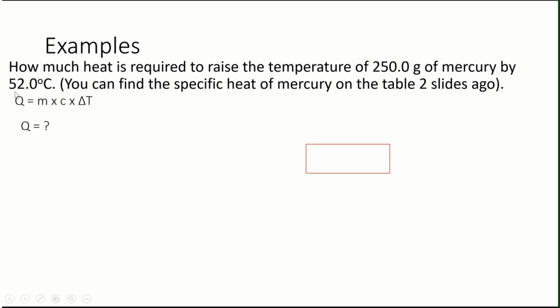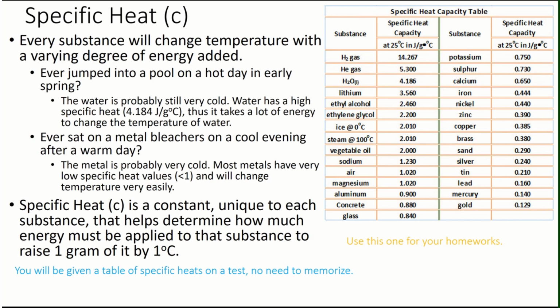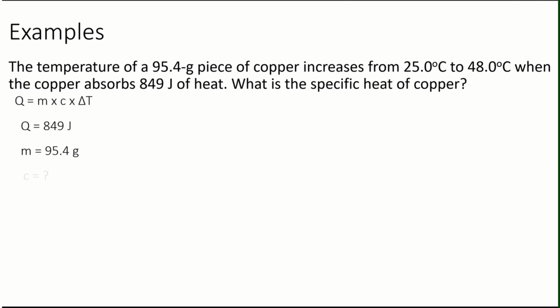Heat is energy, so that's our Q. They gave us a mass of 250 grams. Our specific heat, 0.140, and again, if you're forgetting where we got that from, we're looking for mercury, there it is, specific heat of 0.140 joules per gram degree Celsius.